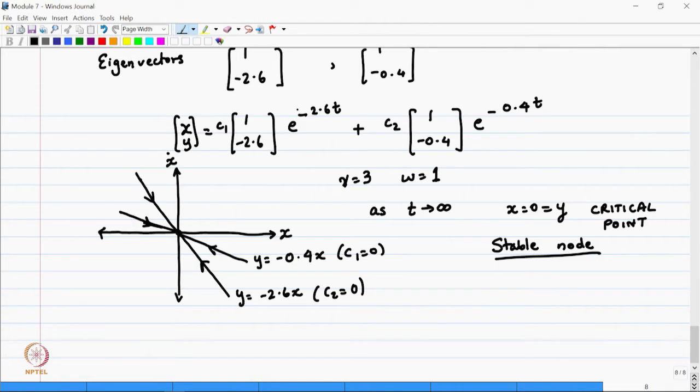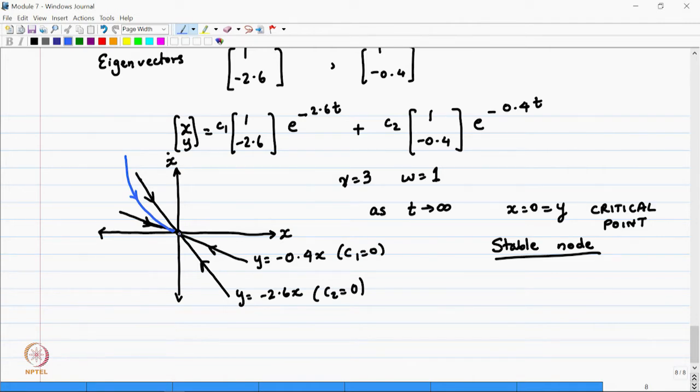So, exponential of a larger negative number will be smaller than exponential of a smaller negative number. So, eventually your solution will tend to follow this. For very large times it will go towards this, and it will be some linear combination and look something like this. So, this is what your trajectory will look like.